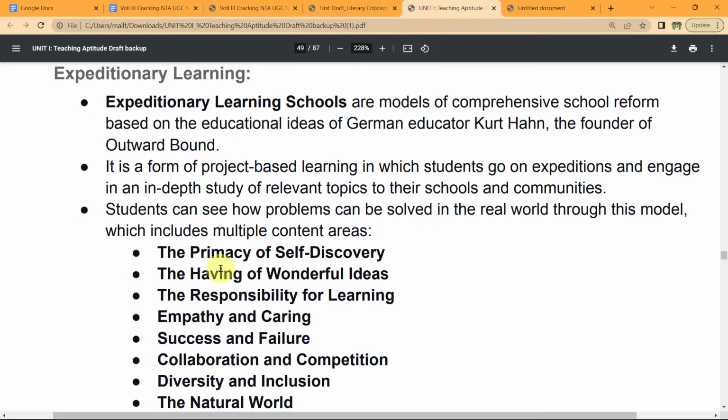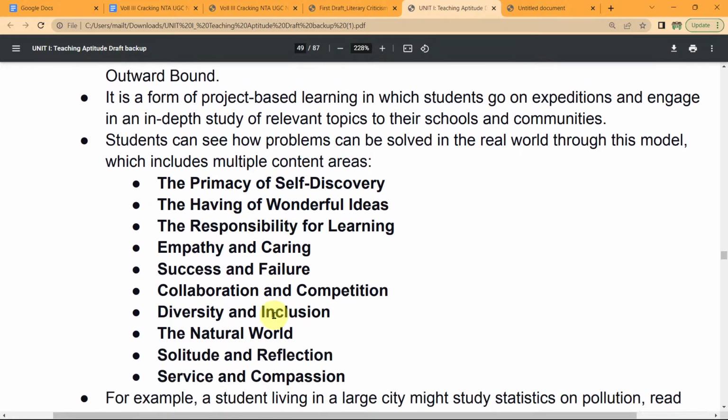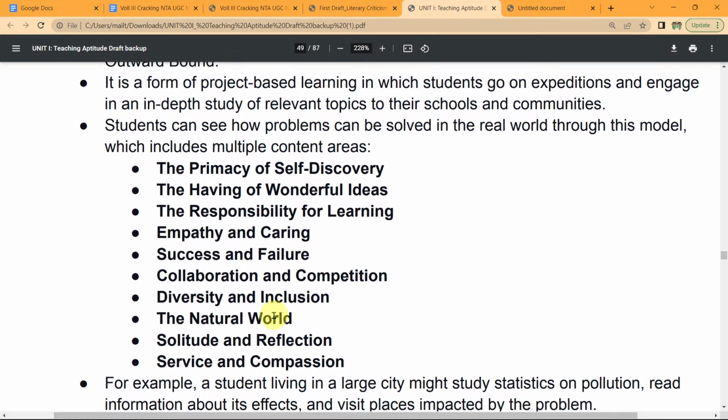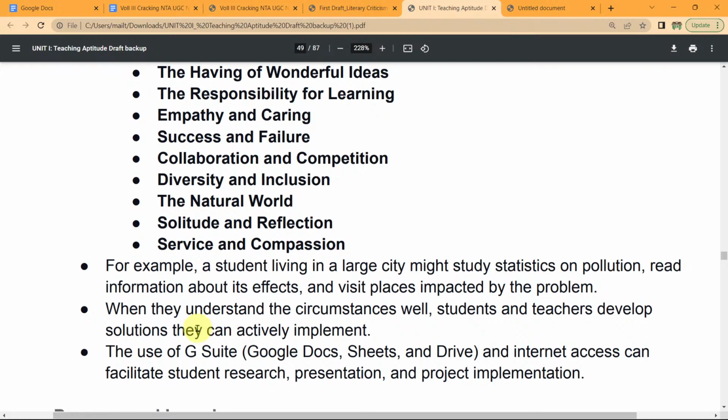Some of the contents are the primacy of self-discovery, the having of wonderful ideas, the responsibility for learning, empathy, caring, success, failure, collaboration, competition, natural world, solitude and reflection, service and compassion. Again, one example I have just given here.